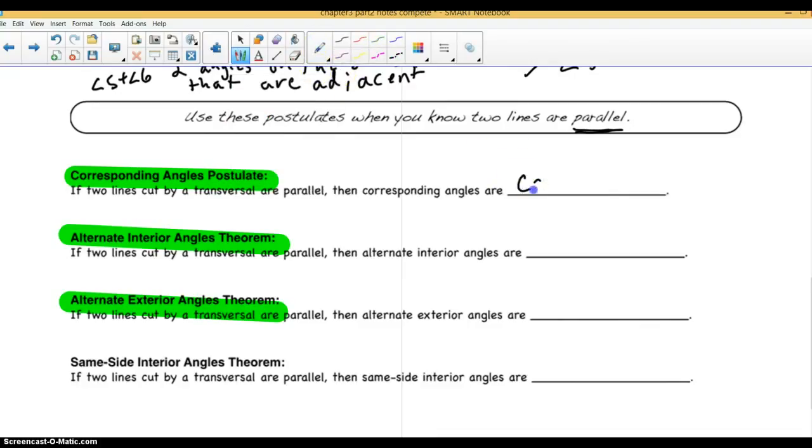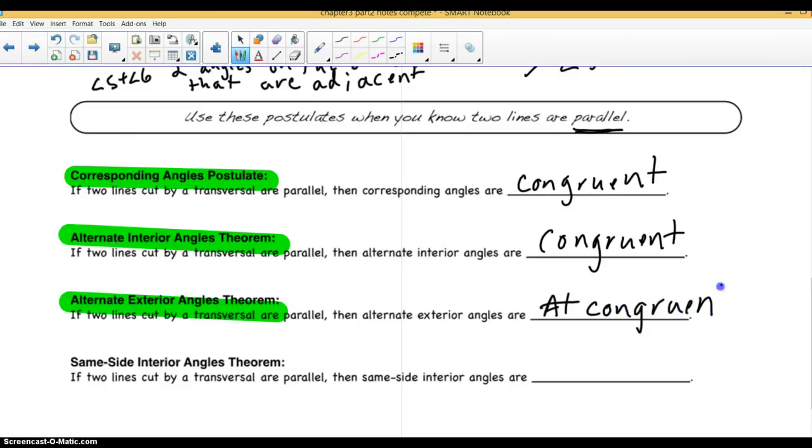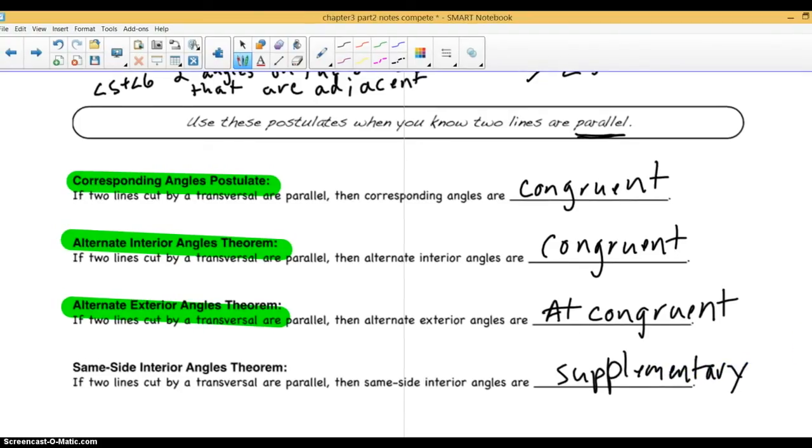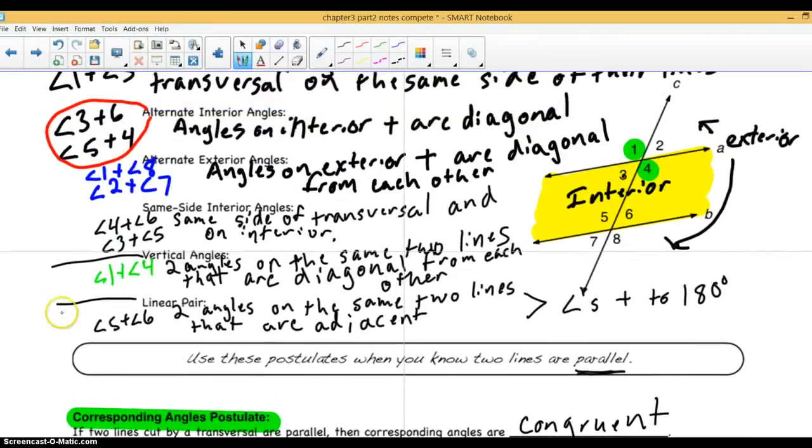So again, corresponding angles are congruent, alternate interior angles are congruent, and alternate exterior angles are congruent. And then for same side interior angles, those angles are supplementary, or they add up to 180 degrees. Then as a reminder, linear pairs are supplementary, and vertical angles are congruent.